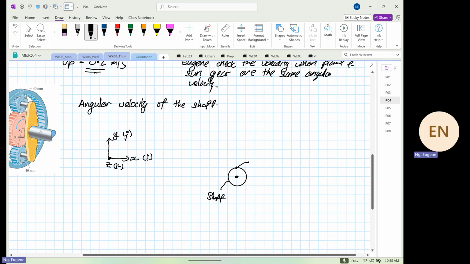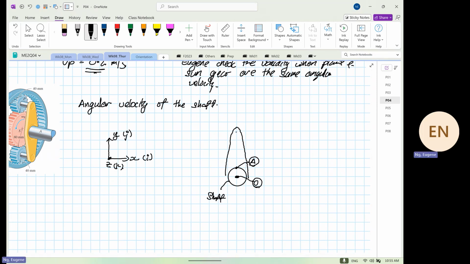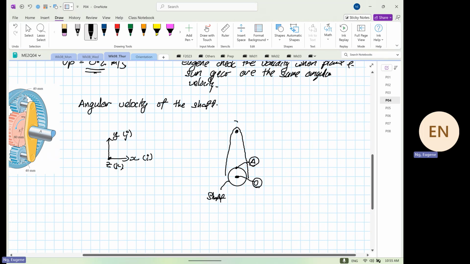Over here is our point A. Over here is our point O. Then we have an arm, and this arm over here is connected to our planet.